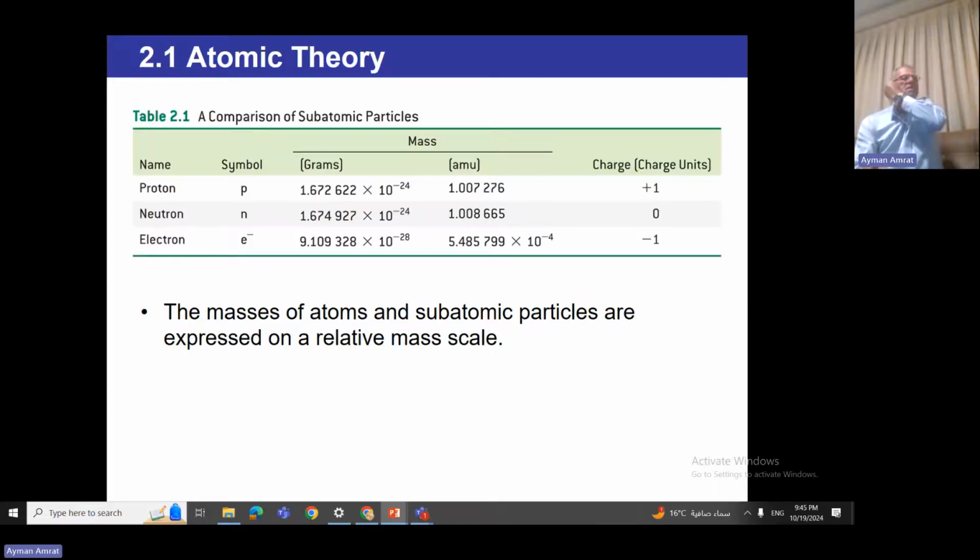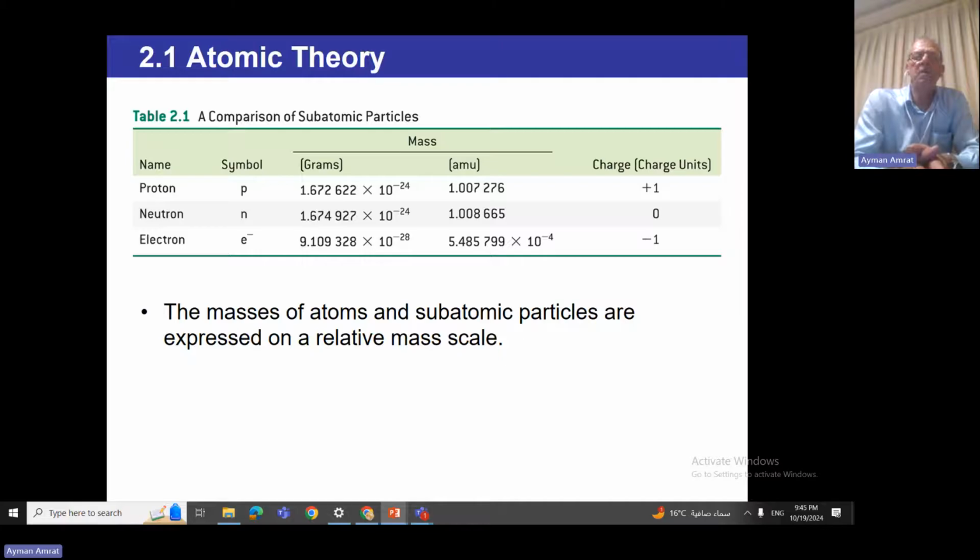This summarizes these properties for protons, neutrons, and electrons, with the symbols P, N, and E. The masses are on a scale in AMU. Proton and neutron have almost the same mass, about 1 AMU.